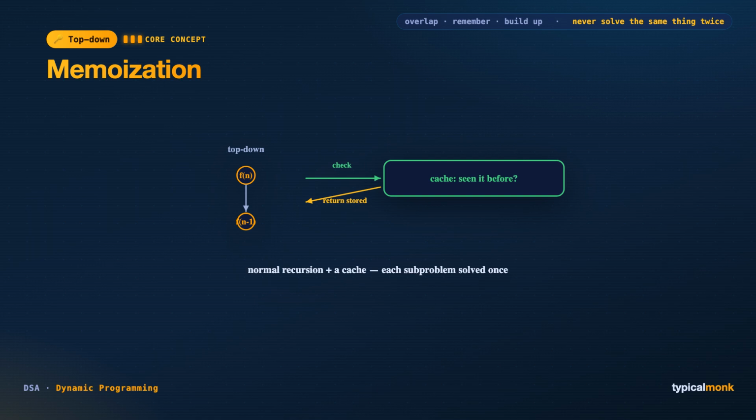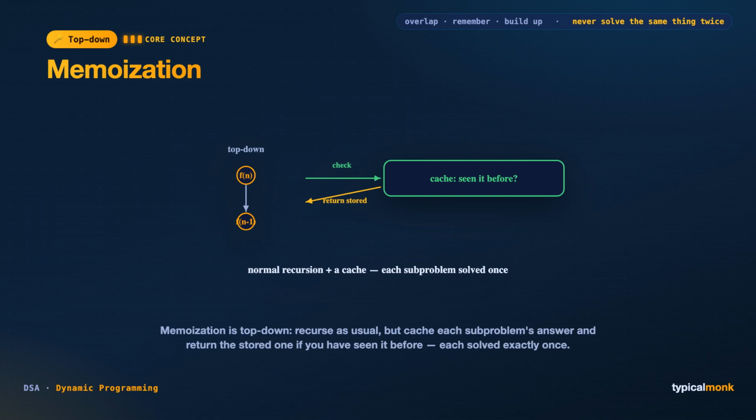This is why memoization is so beloved. It is intuitive. It keeps the clear structure of the recursion, and it delivers the full speedup of dynamic programming almost for free. It is called top-down because you start at the top, the full problem, and recurse down, remembering as you go. So the takeaway: memoization is top-down dynamic programming.